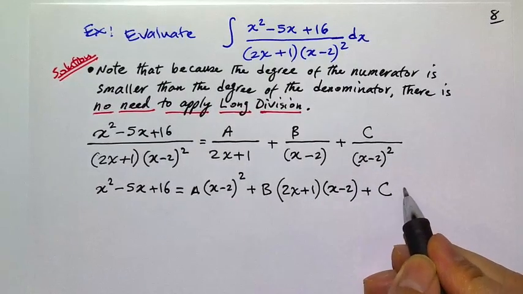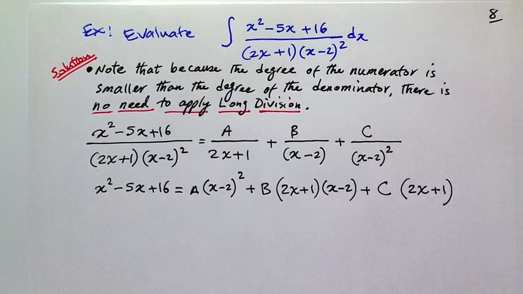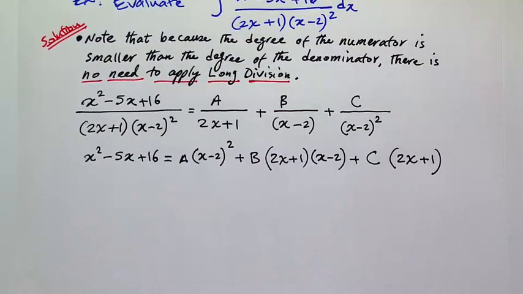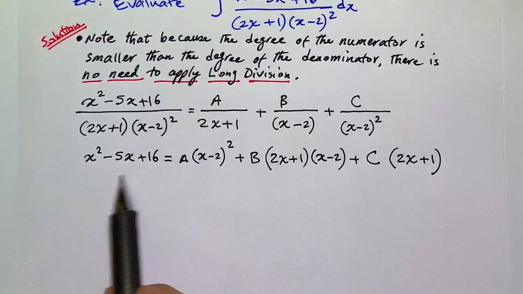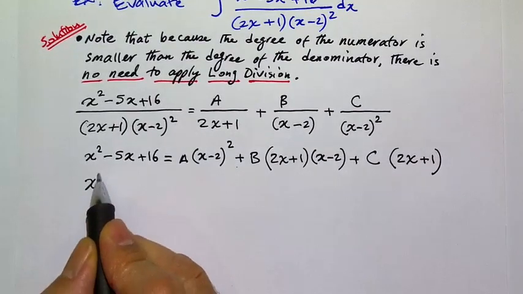We end up with plus C times (2x plus 1). Okay? So now, again, we have to simplify this and figure out what A, B, and C are. So let's take steps in doing that.